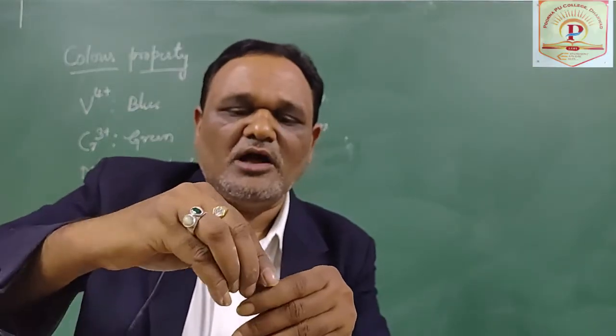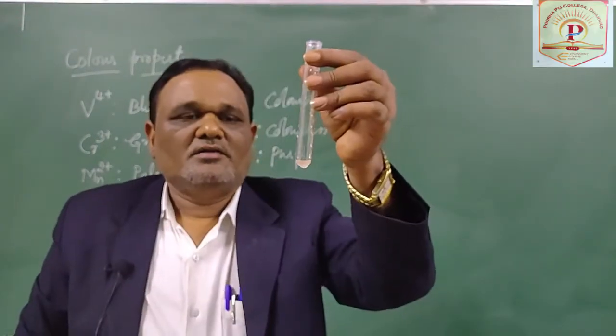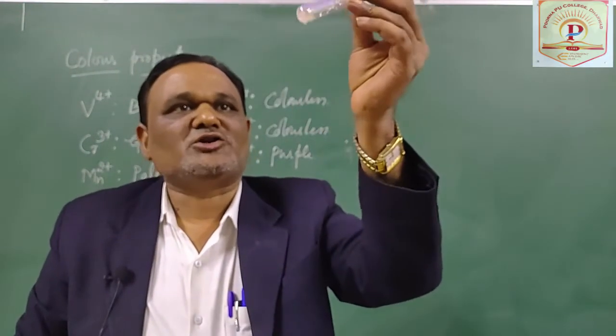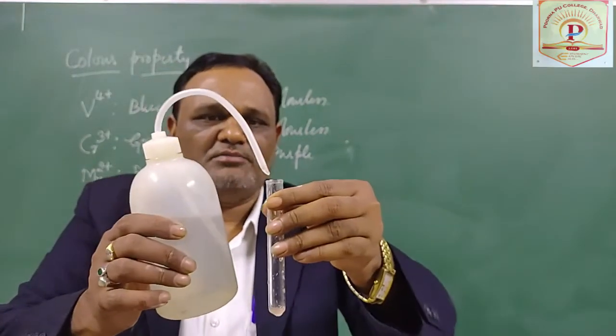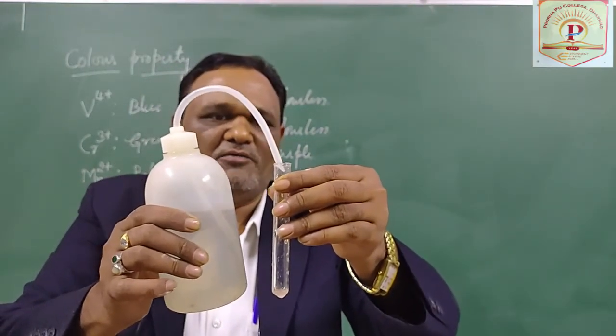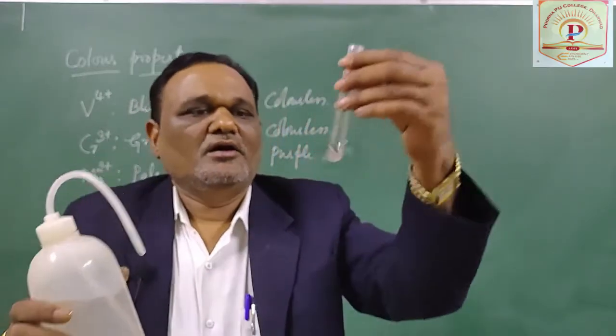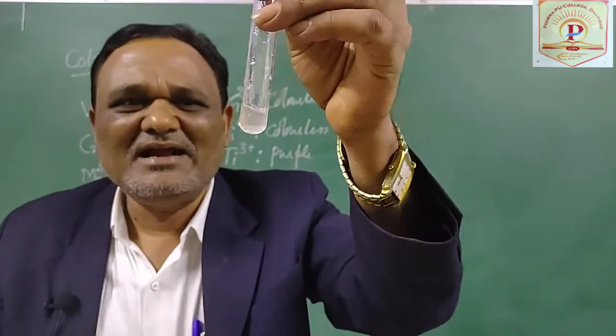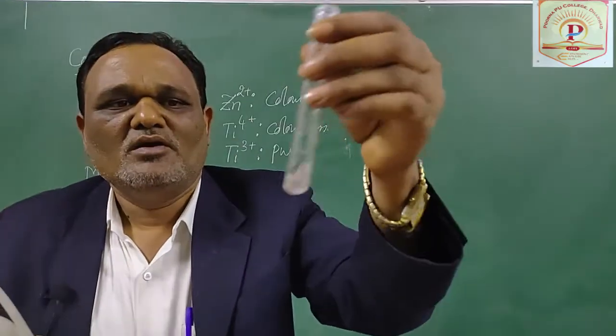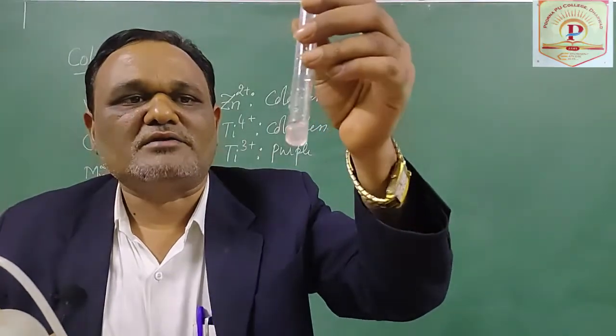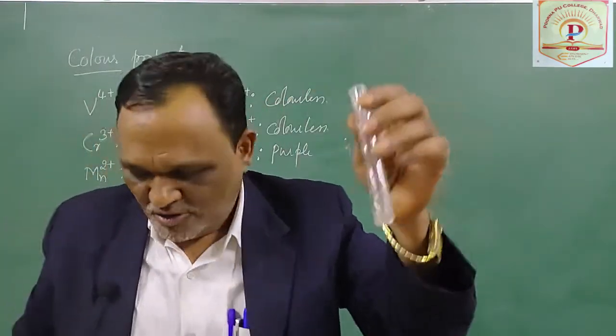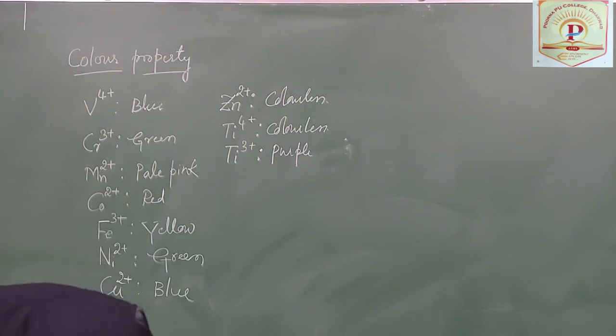If I dissolve this manganese chloride in water in a test tube, it is hydrated. If you add a little water, it is slightly pale pink in color. Only in concentrated solutions can you see the pale pink color.